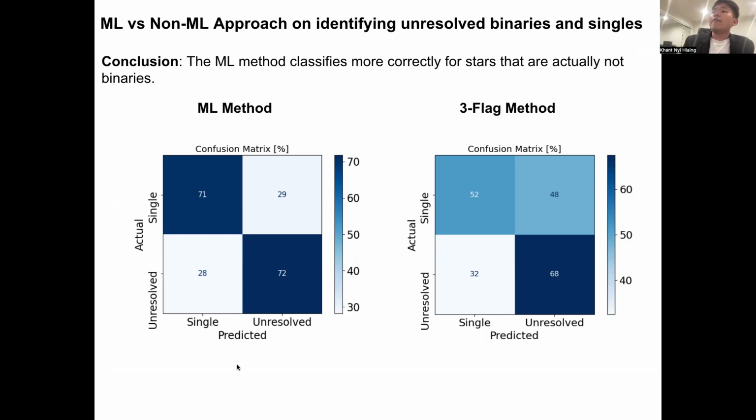The left matrix is the MLP method, and the right one is using the three binary flag method. That square means that our actual data is saying it's a single star, but the prediction is saying it's an unresolved binary, which is wrong. With the MLP method, we have a reduced percentage, meaning the MLP method classifies more correctly for stars that are actually not binaries.